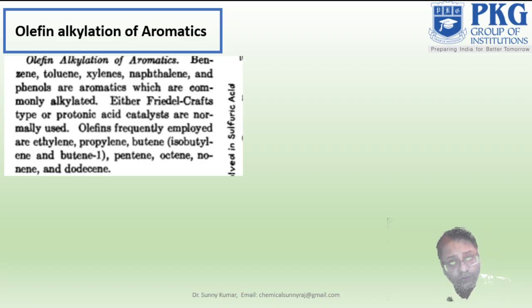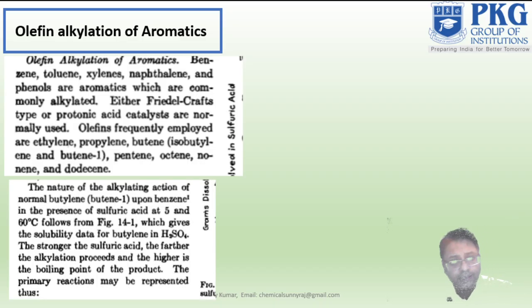Olefins frequently employed are ethylene, propylene, butene or isobutene, butene-1, pentene, octene, nonene and dodecene. So these are some of the olefins.